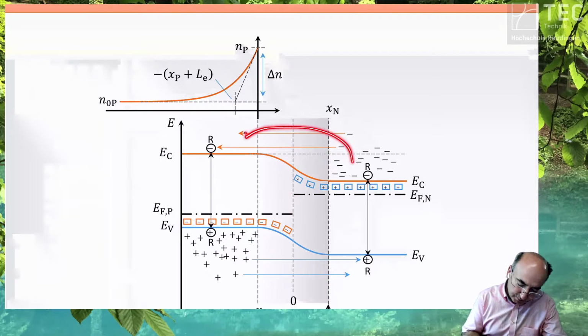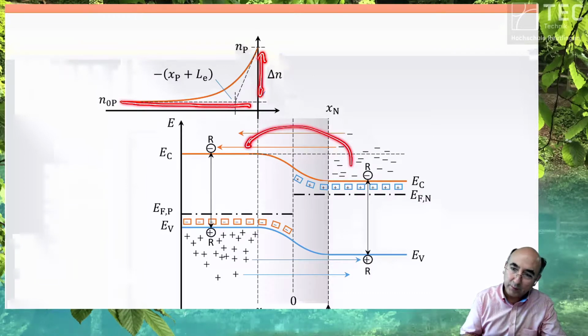This injection takes place, and the minority carrier concentration is changed by the action of forward bias.